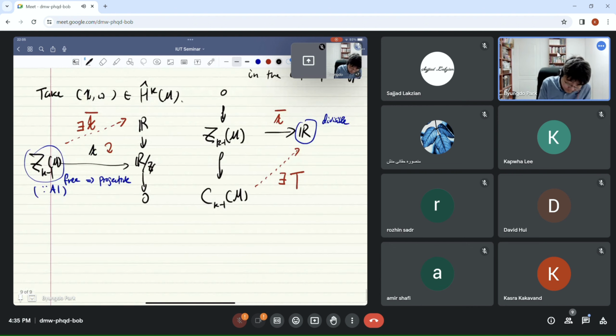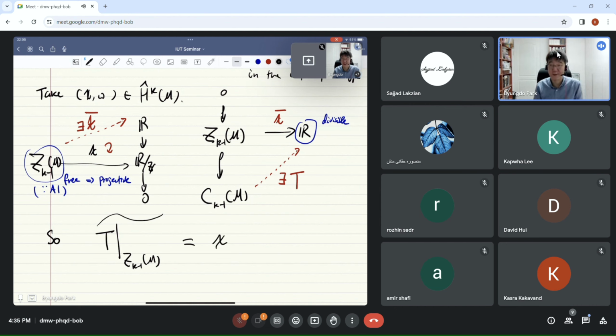So if we consider this T and restrict it to cycles, then if we take modulo Z, that is exactly the chi we started with.